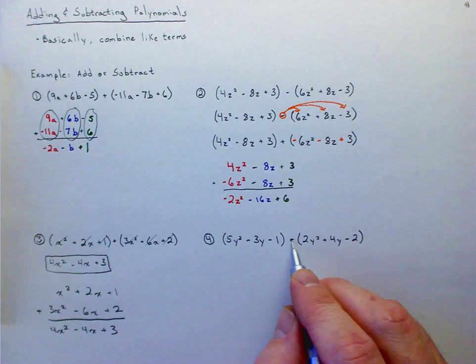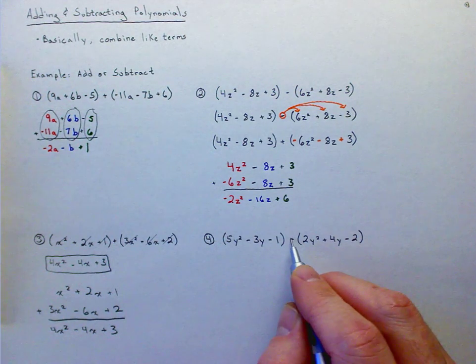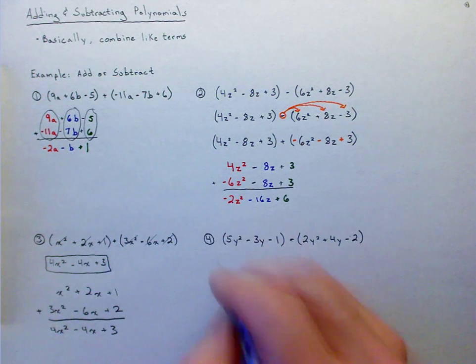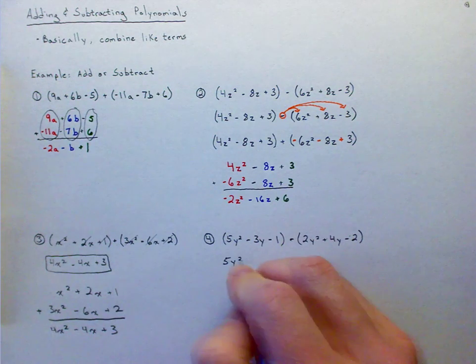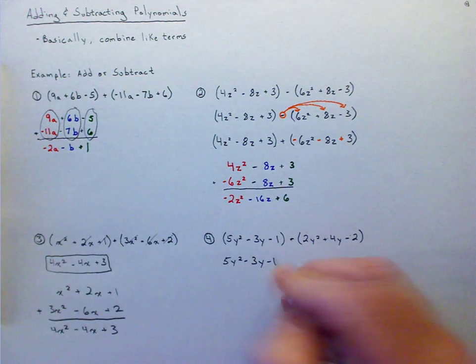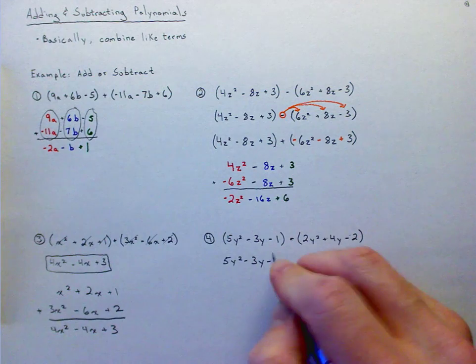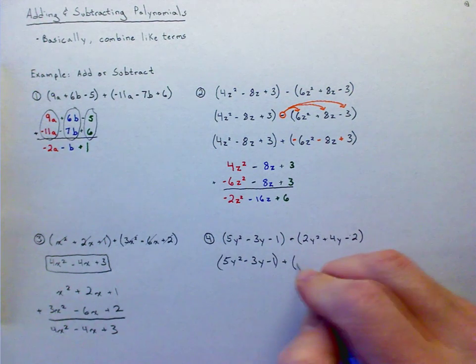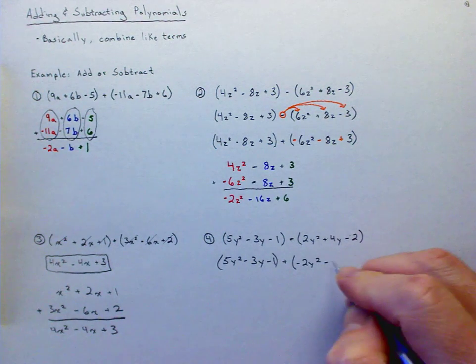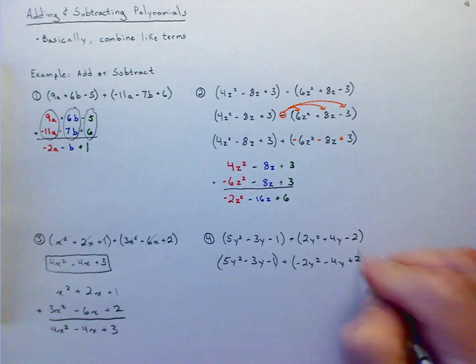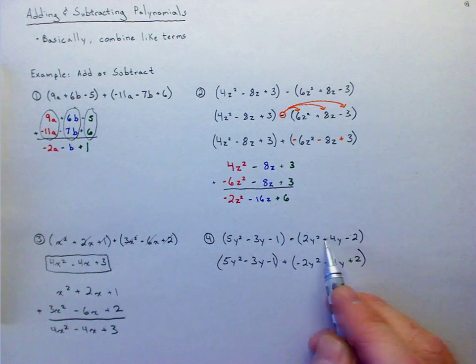This one here is a subtraction, so I will take this negative sign and I will distribute it to all my terms. It's the same as multiplying by a negative 1.